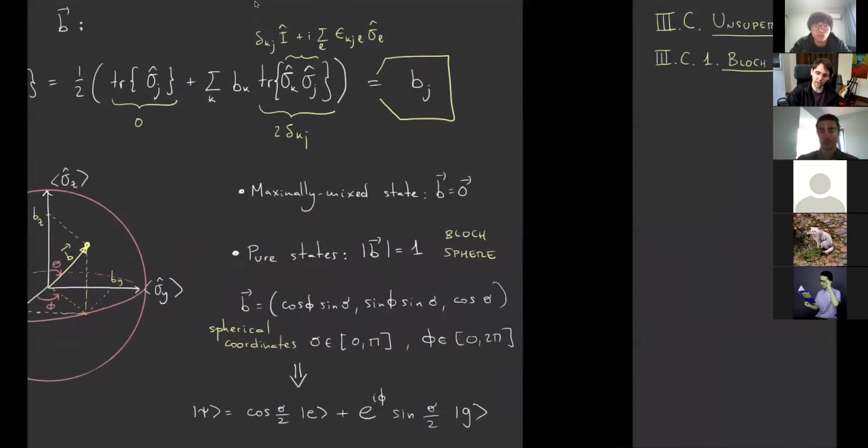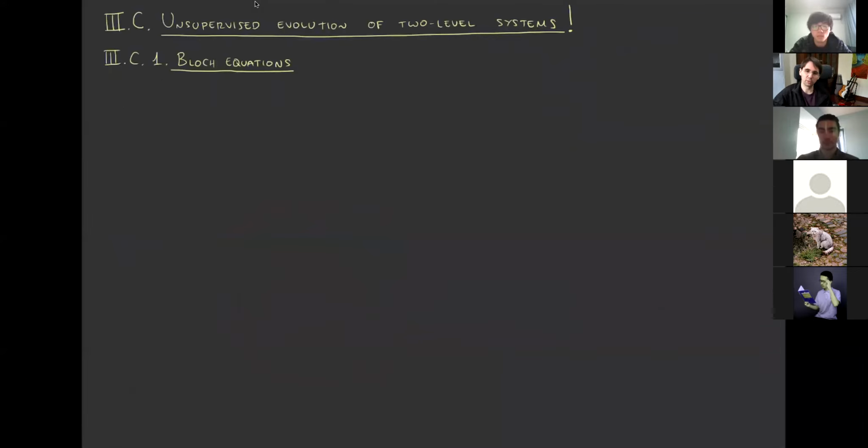And what I will do now is we are going to see how the evolution of atomic states with this parametrization in terms of the Bloch vector allows for a very simple way of deriving the evolution, not with the von Neumann equation or with the Schrödinger equation, but with an even simpler equation that we call the Bloch equations, okay?